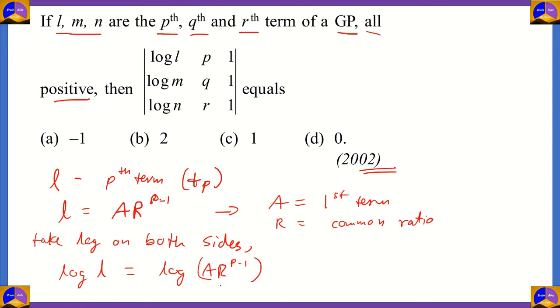So log of A times B is equal to log A plus log B. In this case, B is r raised to p minus 1. And log x raised to A is equal to A log x. So therefore log L will be equal to log a plus p minus 1 times log r.